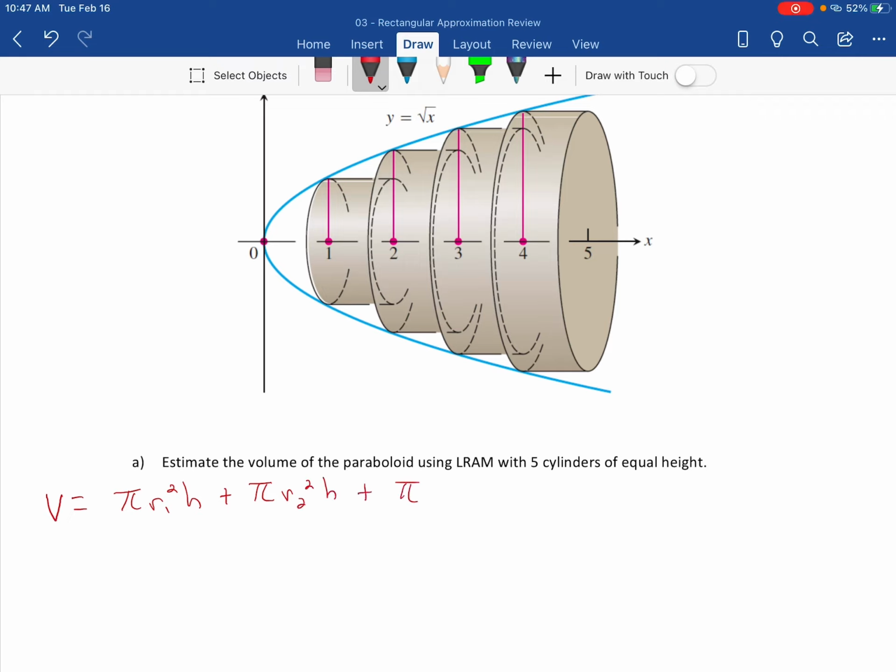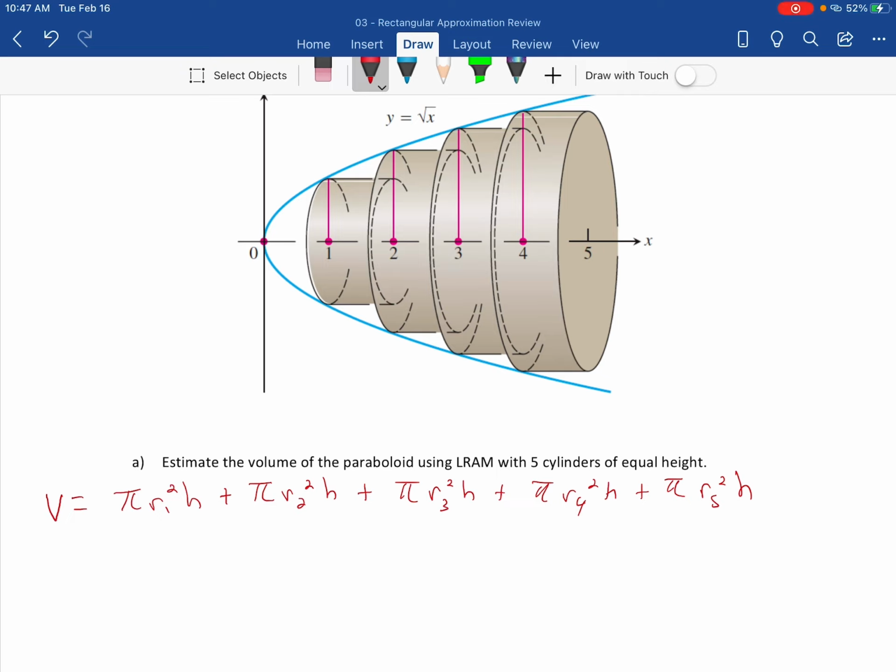And then pi times the third radius squared times the height. And then pi times the fourth radius squared times the height. And then pi times the fifth radius squared times the height. So just 5 different cylinders that I'm going to add up all their volumes.